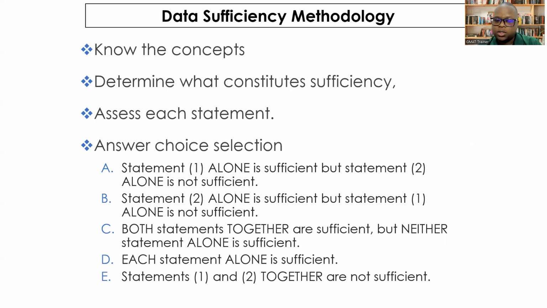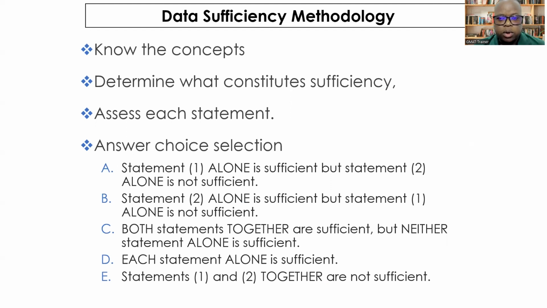Thereafter, you need to select the answer choices. These types of questions being unique to the GMAT exam, the answer choices also tend to be a bit unique, and you need to know how to select them. If you don't know how to select the correct answer, you can go back and watch one of the previous videos to see how we go about selecting them.